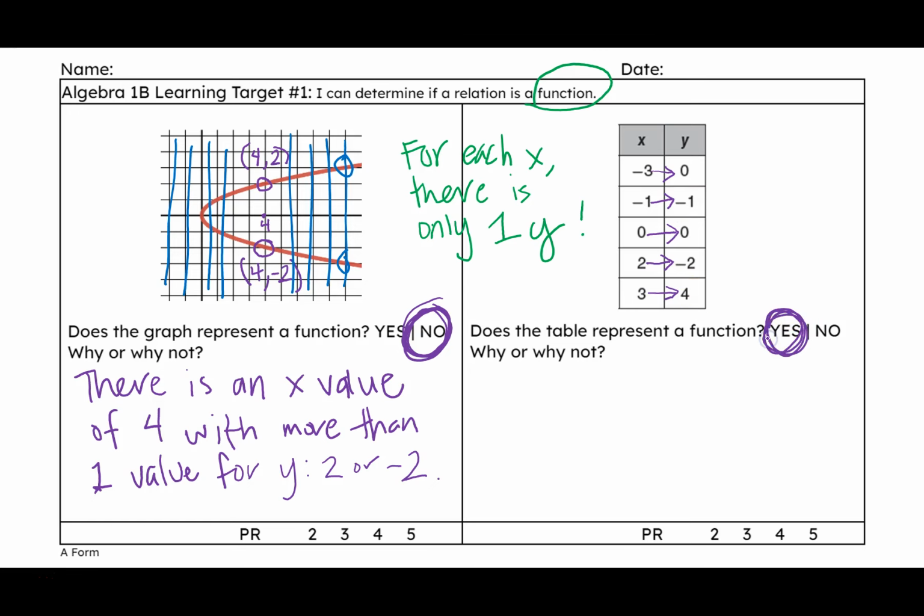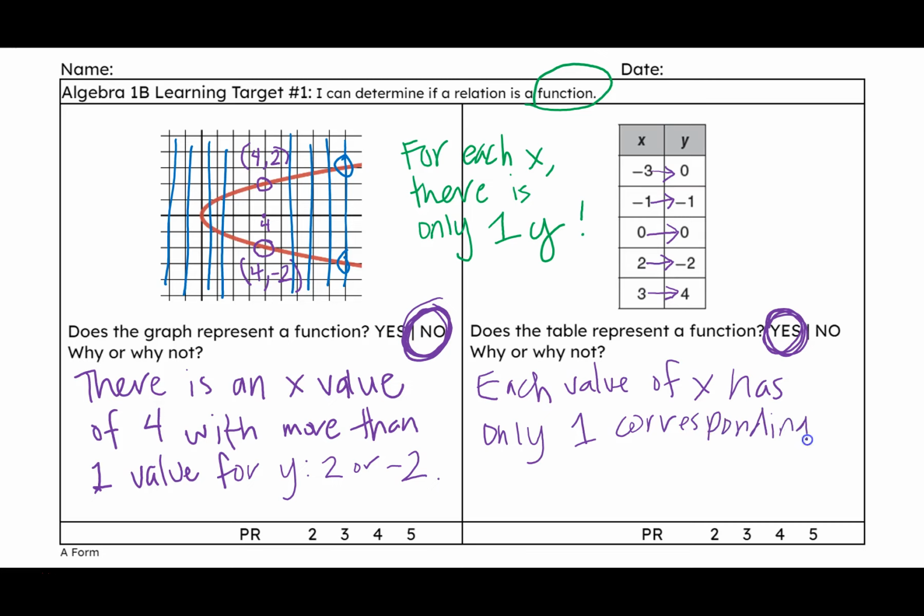That is a yes. This is a function because each value of x has only one corresponding value for y.